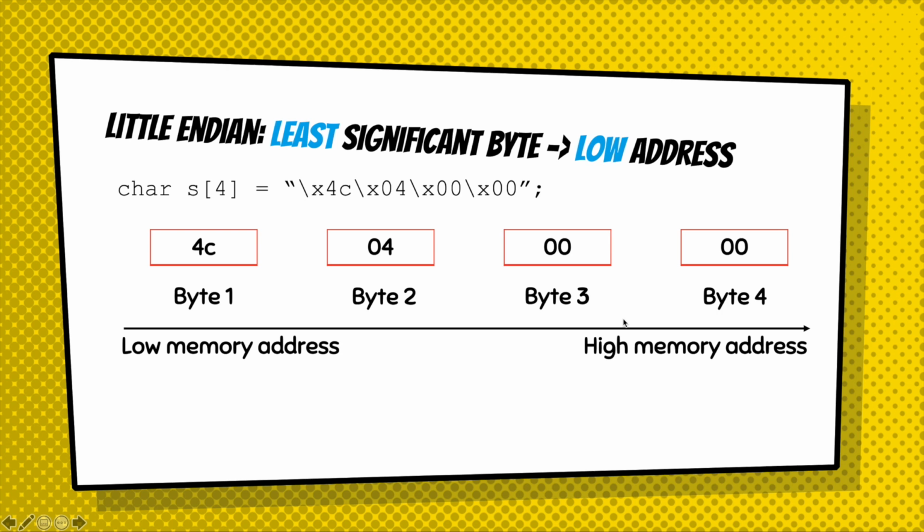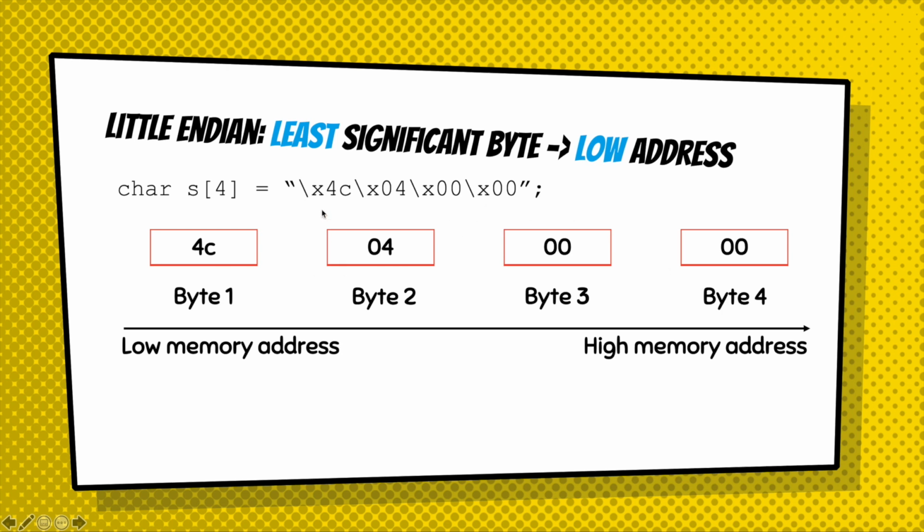Similarly, if we have a string with characters hex 4C, hex 04, hex 00, and hex 00, each one represents a byte of this string, how are we going to convert that to an integer? If we look at the memory, we'll see that the string is stored from the first byte as the first character, the second byte as the second character, the third byte as the third character, and the fourth byte as the fourth character.